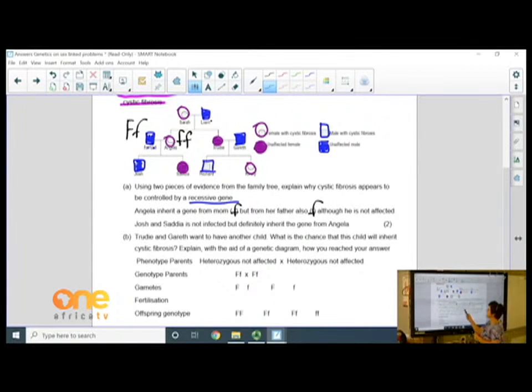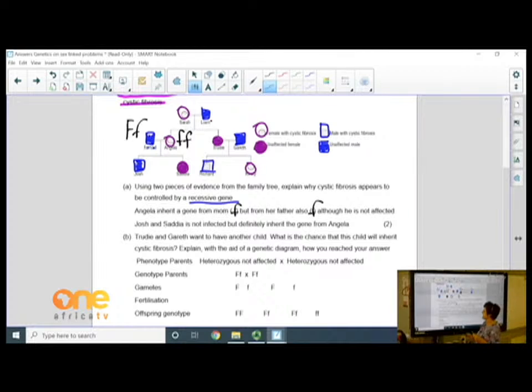So it is telling me that although that dad is not affected, he contains the gene. That is how I know he can have a child with the disease; he contributed to the genes of Angela. And he was not affected, so his small f, his recessive gene, was masked by his not affected gene. And therefore it must be recessive.